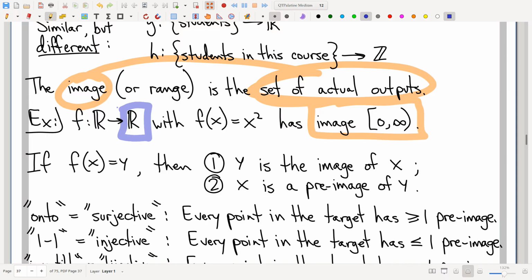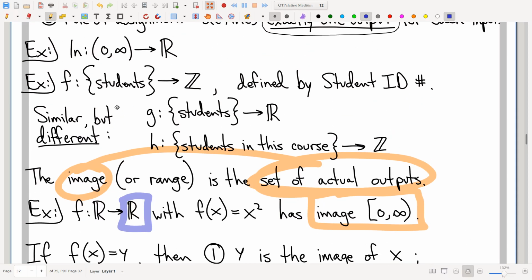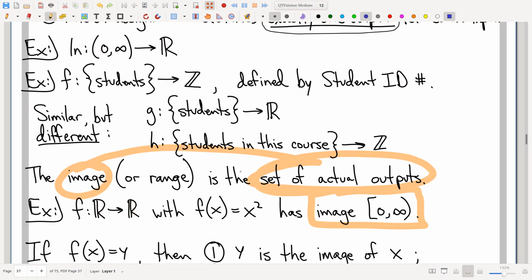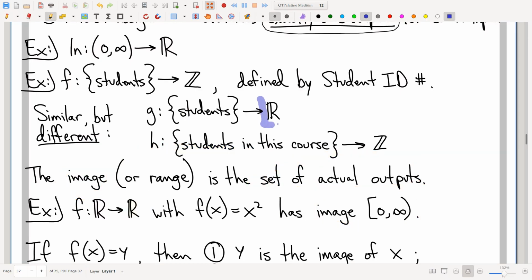Yes. I wanted to go back up to the student ID example and ask why that's the set of real numbers instead of natural numbers. Oh well, the responsibility when you say target is just that anything that comes out of the rule of assignment has to land in that set. Now, every student ID number is, I think, an integer.